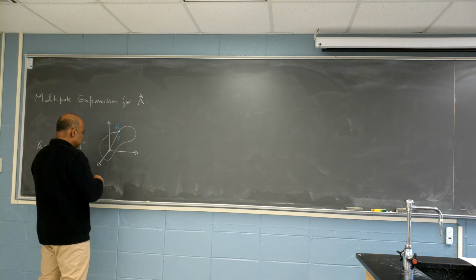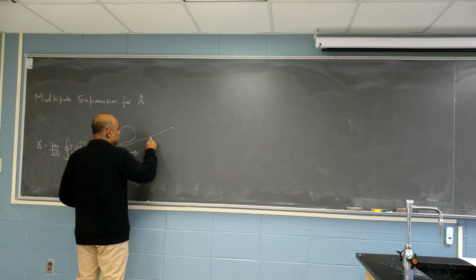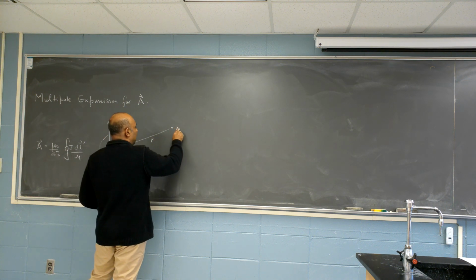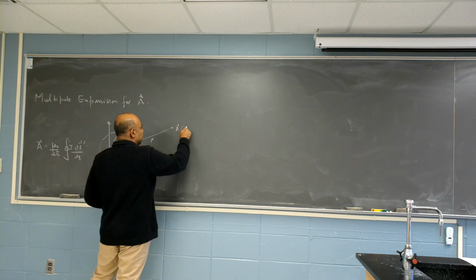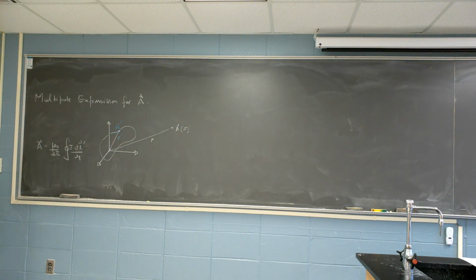And then, of course, is the point where you're interested in, far away, presumably, and you are calculating the vector potential at some point R. The whole point of multipole expansion is your currents are confined to a small region, and you're interested in finding an approximate expression for the current when you're away from the source.